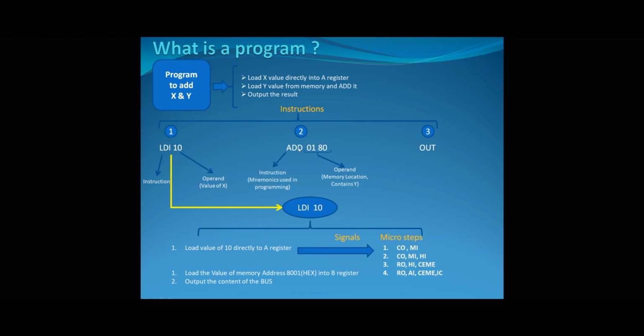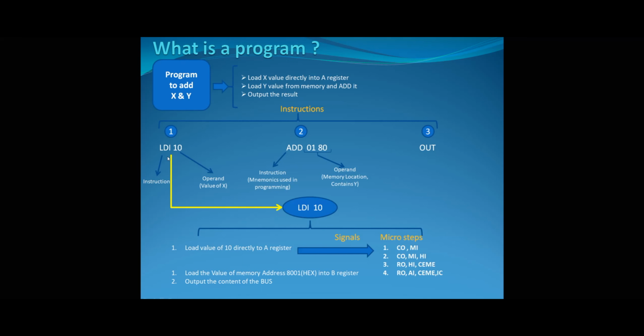So when we are saying ADD 0180, that actually points to memory address 8001. I hope that it is clear. If you are not familiar with little endian format, just search it online and you will find a lot of information about it.